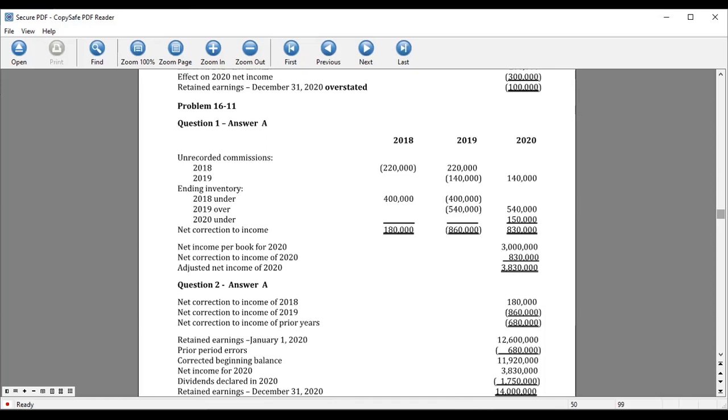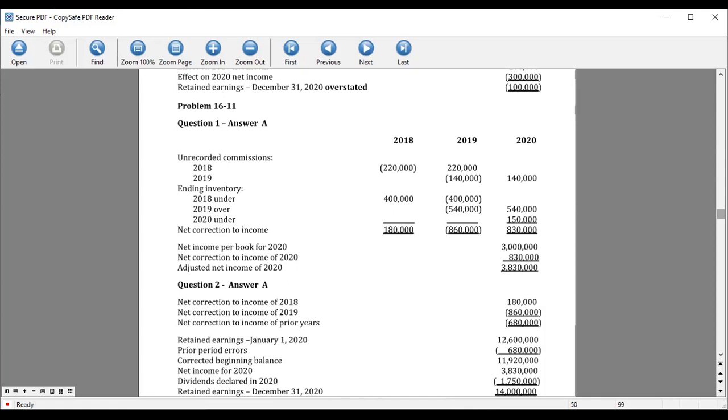16-11. 16-11, what is the adjusted net income for 2020? We have the corrected net income after reflecting the following omissions. So we have the entity failed to record, accrue sales commissions at the end of each year.